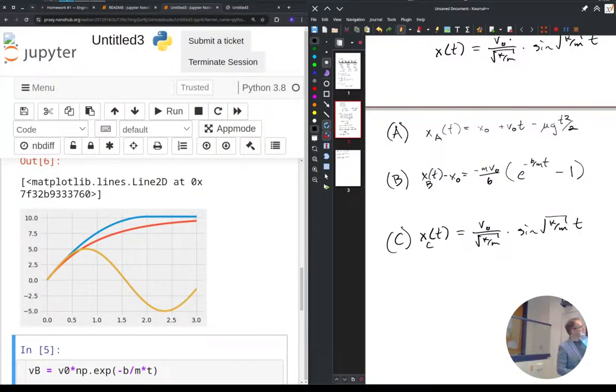It's catching up in a second, but one thing that is the same for all three, which makes sense, is near time 0 they all have the same slope, because they all started with the same initial condition, just over time it changes.